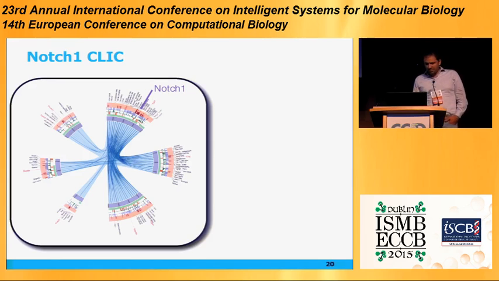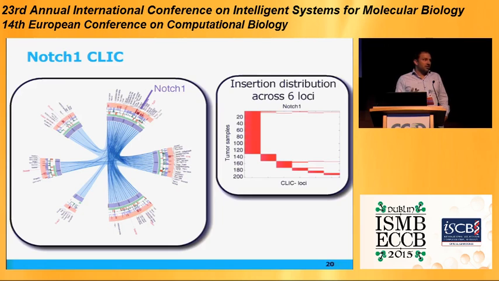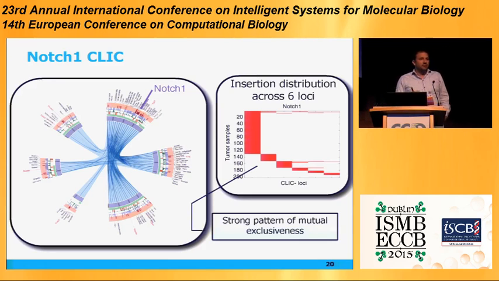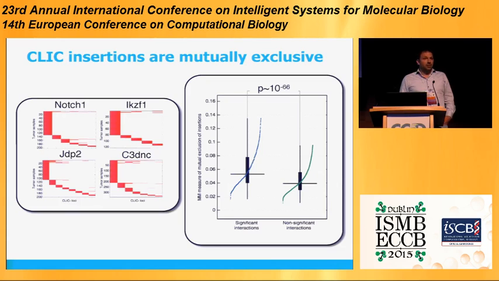Another piece of evidence for this is given by the distribution of insertions across these 6 loci. That's shown over here. Here we have the tumors, here we have the 6 loci, and we can observe a very strong pattern of mutual exclusiveness, which is a typical indication that these insertions target the same gene. This pattern of mutual exclusiveness is also observed for many of the other clicks.